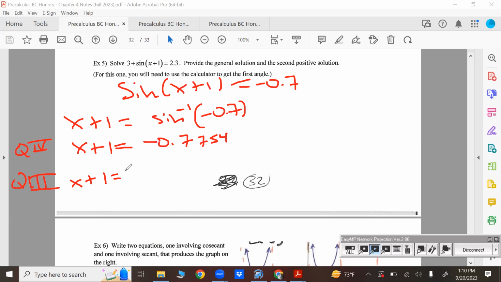So think about reference angles. If we think about reference angles, this right here is negative 0.7754, right? So you get the same thing here at positive 0.7754.